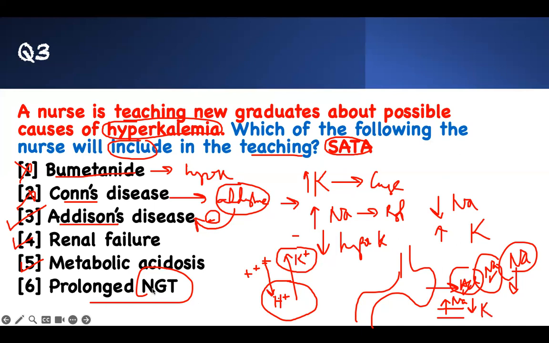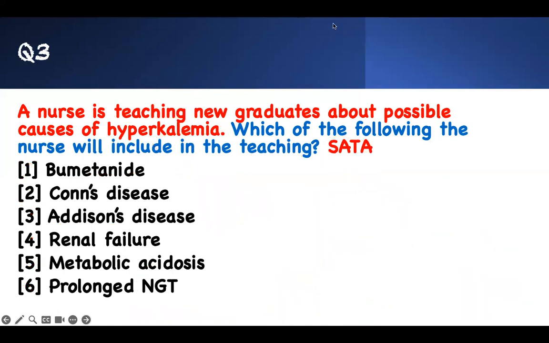So people who have an NG tube have what we call hypokalemic, hyponatremic metabolic alkalosis. So that's their problem. And therefore, this also does not cause hyperkalemia. It causes hypokalemia. So the right answers are 3, 4, and 5. And then 1, 2, and 6 cause hypokalemia. Content you have to know. It's a good question.